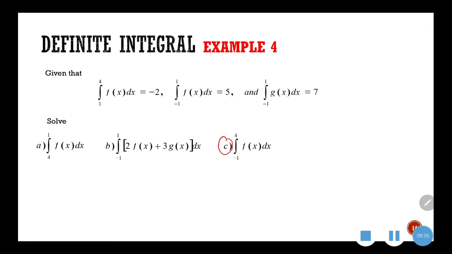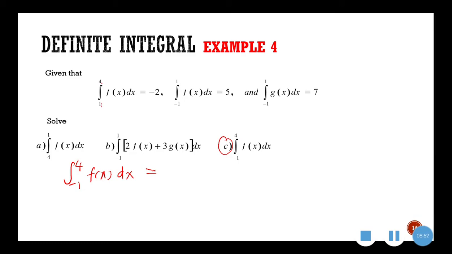Okay, C integration from -1 to 4 fx dx. If we look at this, do we have -1 to 4? Okay, directly no kan. Kita ada 1 ke 4 and -1 to 1. Okay, so how can we compute the answer for integration from -1 to 4?